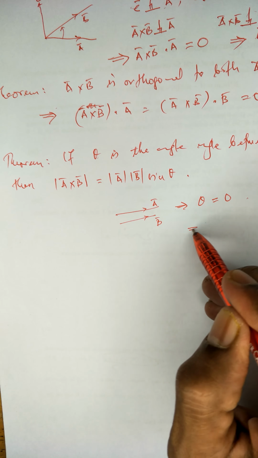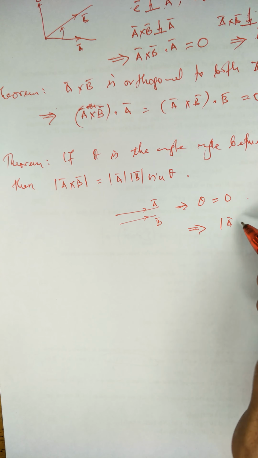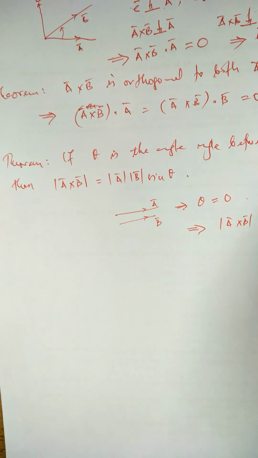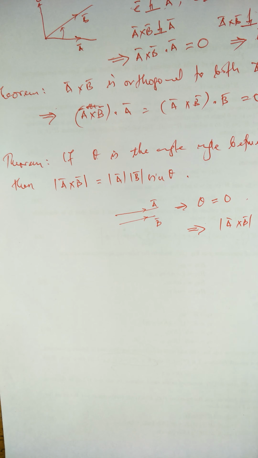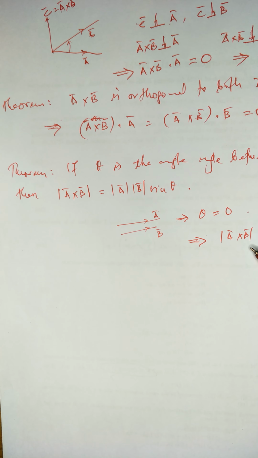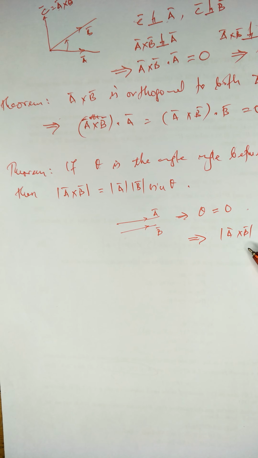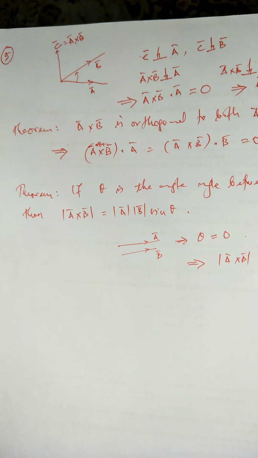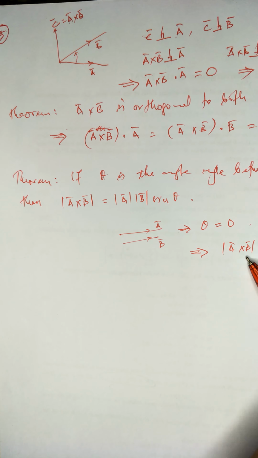So vector A cross B is 0. To show that any vectors are parallel, you just need to show the magnitude of A cross B equals 0.